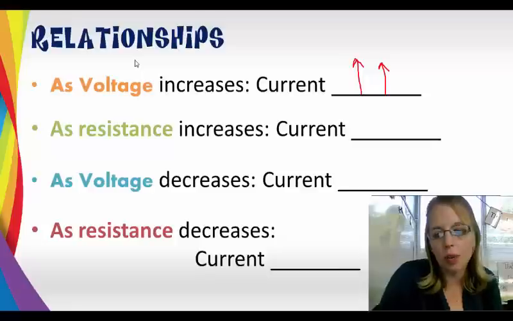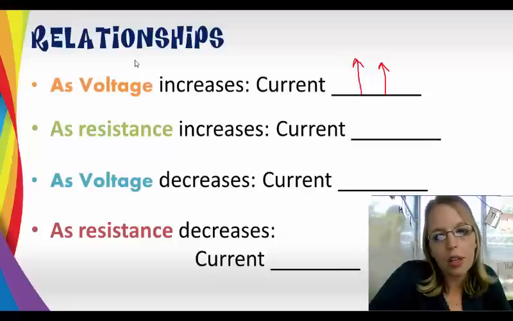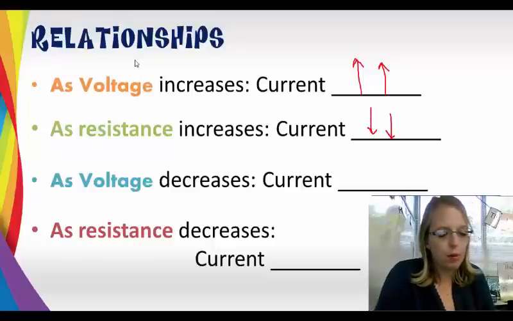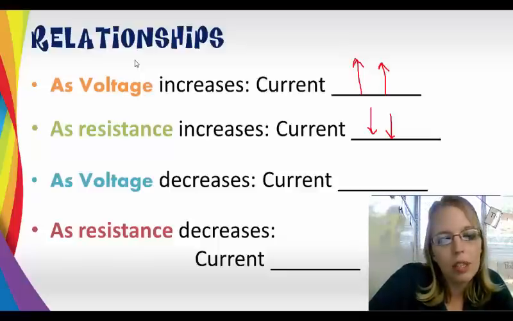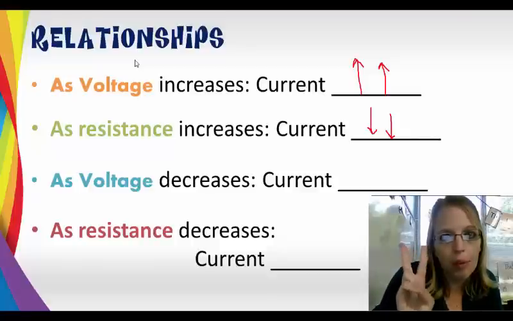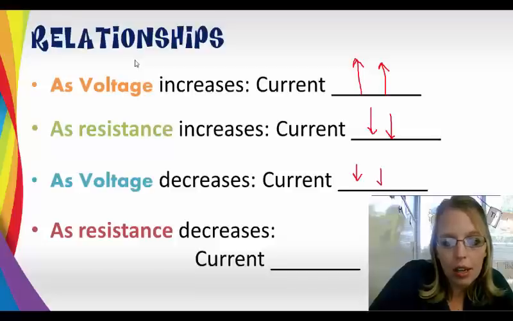Okay, as you decrease voltage, you maybe go from 2 batteries to 1. The current's going to go down. You gave it less push. Remember, voltage is that push. So you gave it less push. That's harder. As resistance decreases, oh, that's good. Maybe you had 3 light bulbs, you went down to 2. So as you lose resistance, the current does go up.